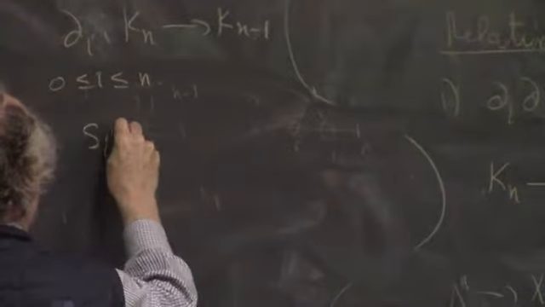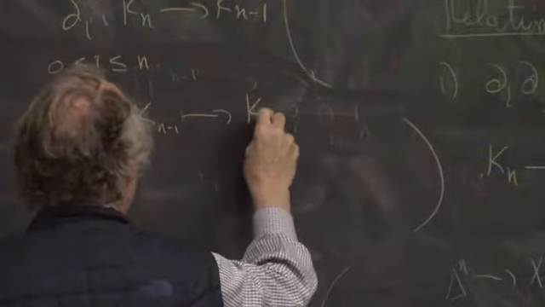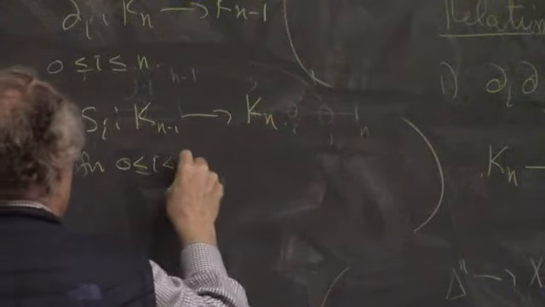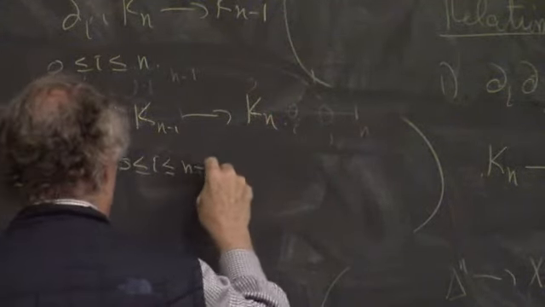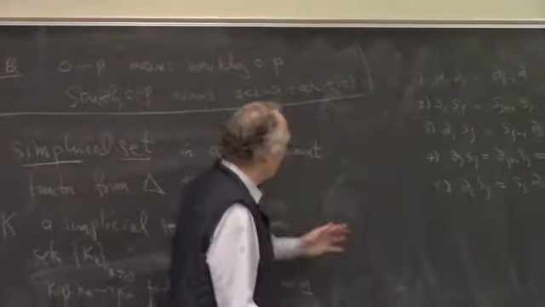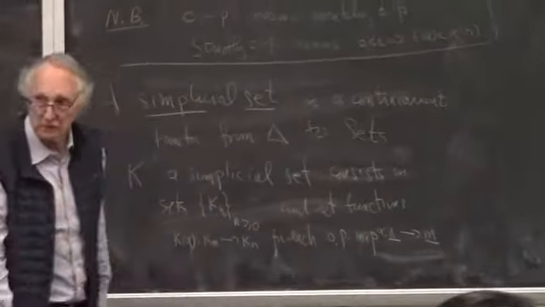And you have to give degeneracies from Kn minus 1 to Kn for 0 less than or equal i less than or equal n minus 1. And they have to satisfy these rules. And then for any order preserving map, you take an appropriate composition of these to figure out what the map between the relevant sets would be.